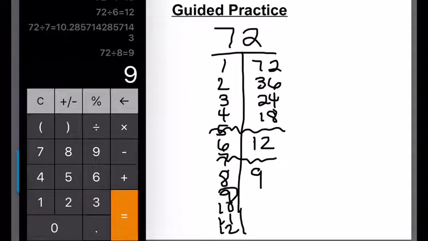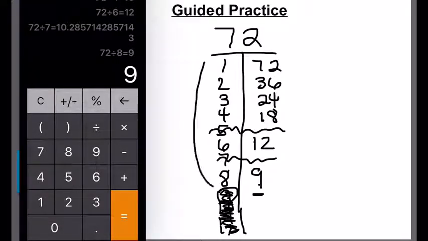We have the same number on the left and right side. That means that we have all of our factor pairs and we don't have to continue with 9, 10, 11, or 12. Remember, when the number on the right-hand side is smaller than the numbers on the left, you have all of your factor pairs.